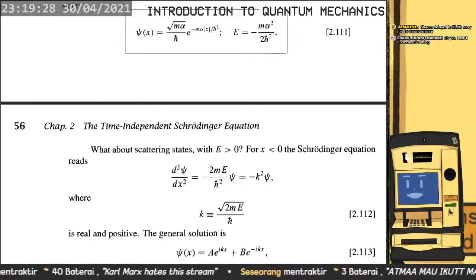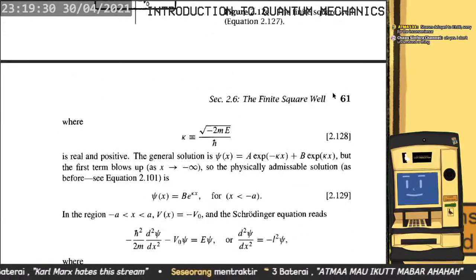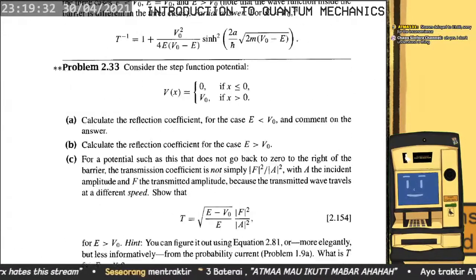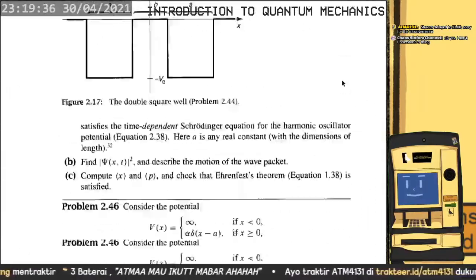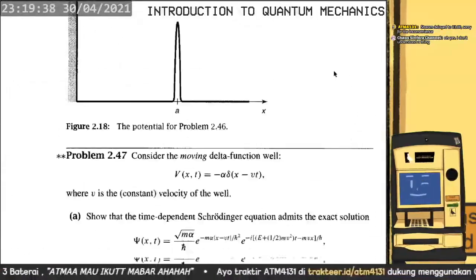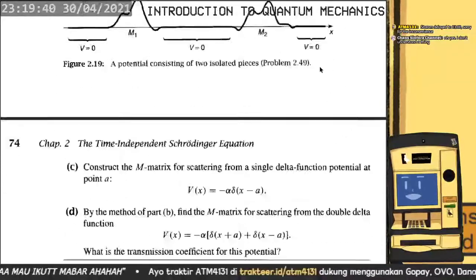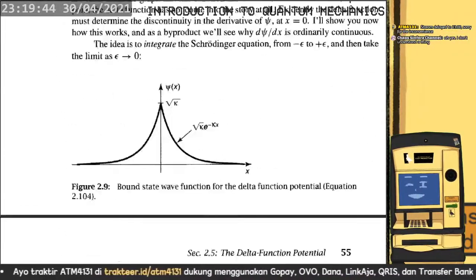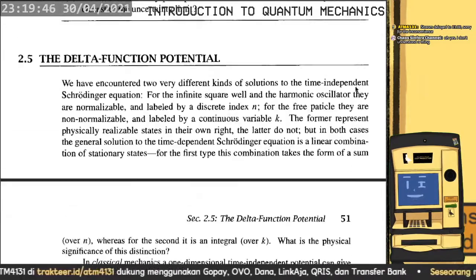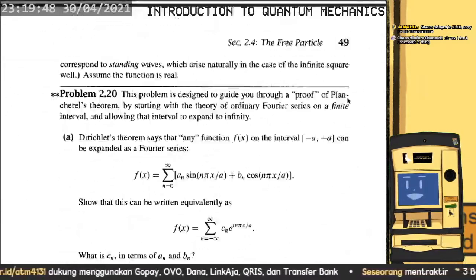Free particle. The finite square well. Okay, this is a long chapter. It's about 88 pages.